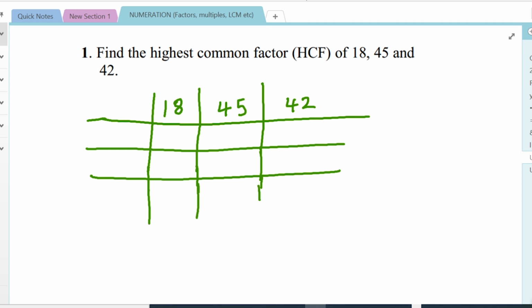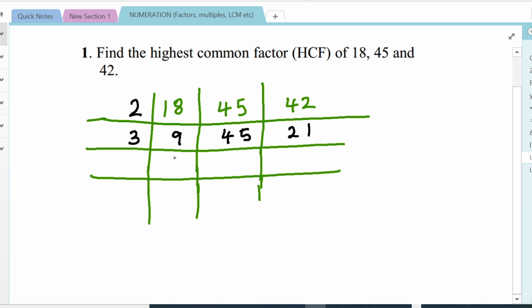We do it like before. We factorize it by 2. 18 divided by 2 is 9. Of course, 45 can't be divided by 2, so we can leave that as 45. Then 42 divided by 2 is 21. So we shall not tick off 2 because it was not able to divide 45. So we get to the next, let's use 3.